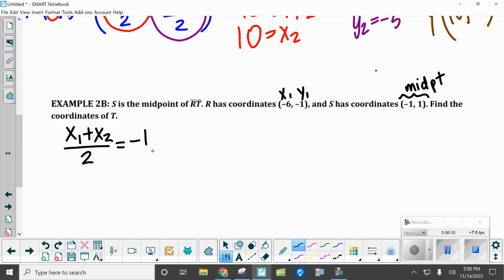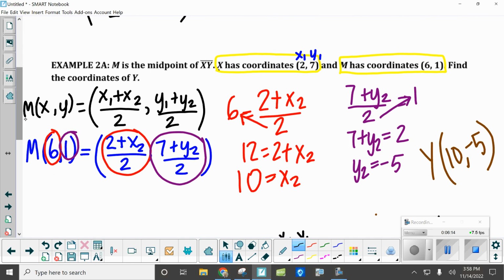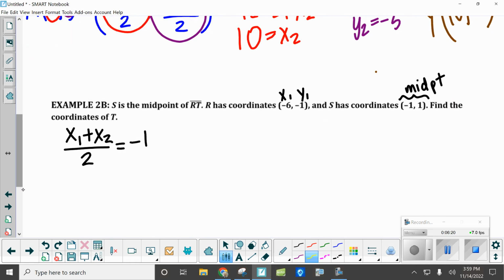I'm skipping writing all this stuff here, so we don't have to worry with that. And then I'll multiply here, and I get x1, which is negative 6, plus x2 over 2 equals negative 2. Multiply.